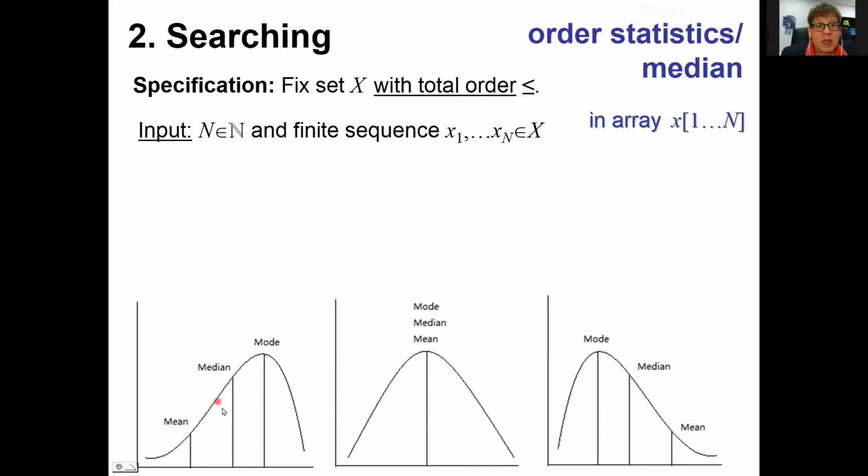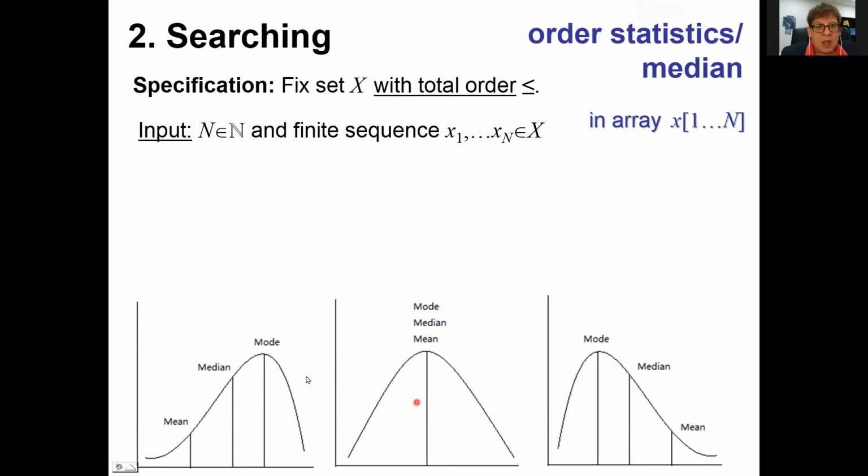But it affects the median only by at most 1, because it only adds one element to those that are larger than the median. So median only counts how many elements are smaller and larger than the median element. Mean also takes into account the value of the elements. And if the value is very large, then that affects the mean a lot and the median only a little bit. That's why the median is sometimes considered a little more robust.